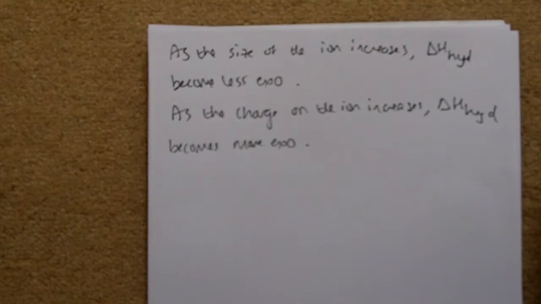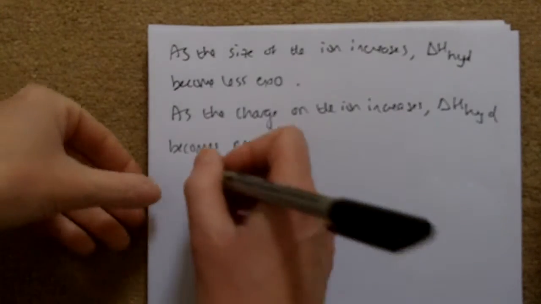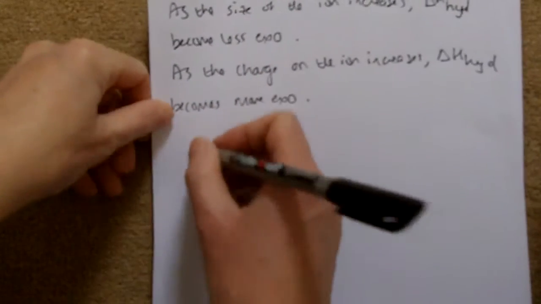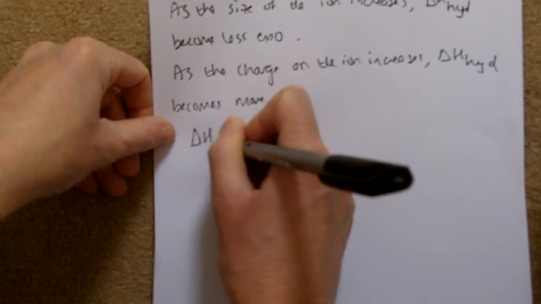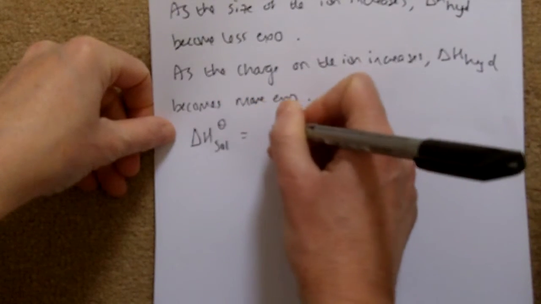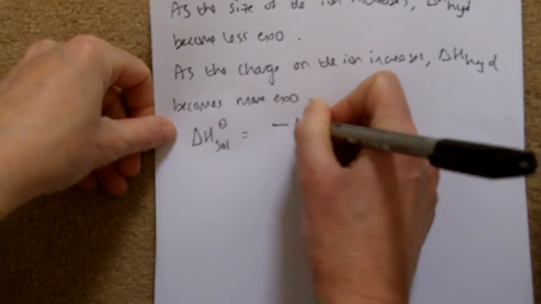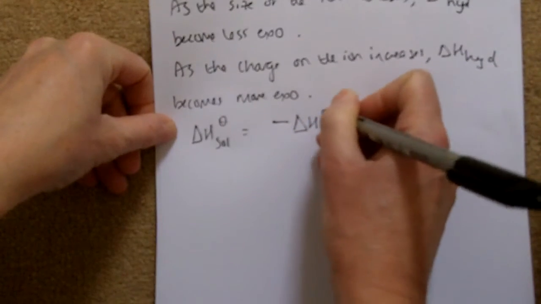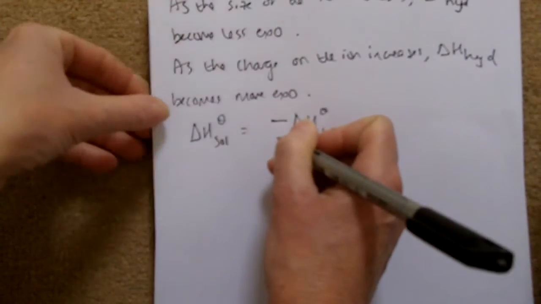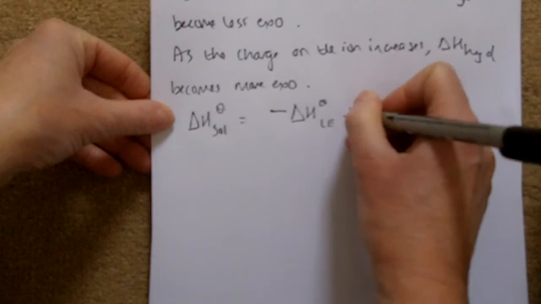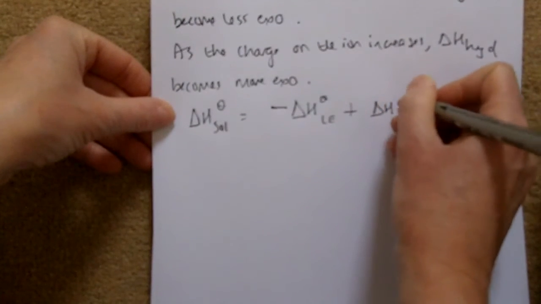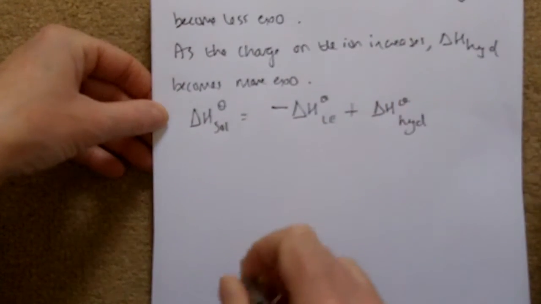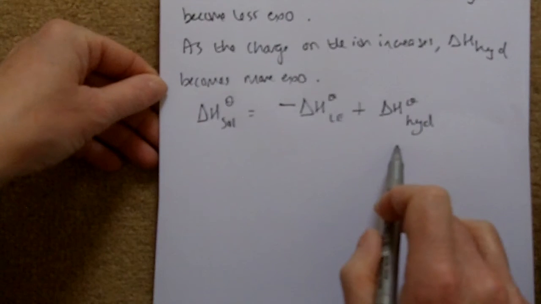Okay, and it's all to do with the attraction between the water molecules and the ions. Okay, so very basically, enthalpy change of solution is the opposite, negative, the opposite of lattice enthalpy, so change the sign, and hydration energy. Okay, that's basically what it is, the two hydration energies.